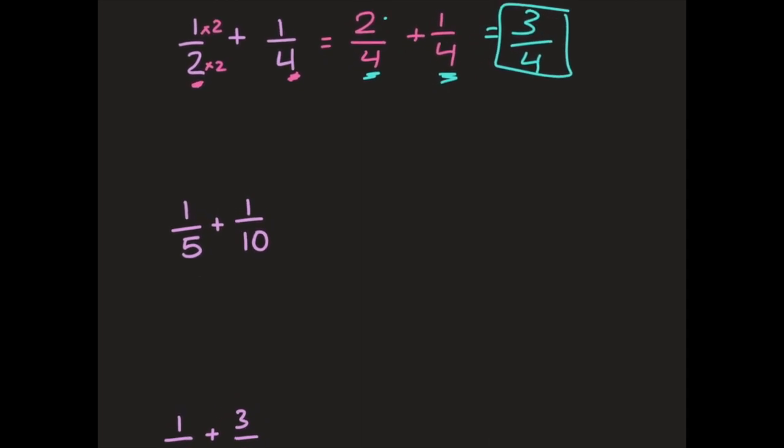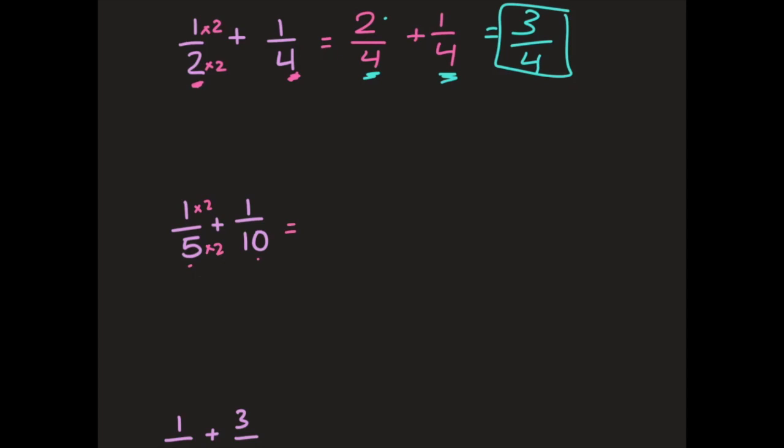All right, so now I have 1/5 plus 1/10. Again, they're different. I have to make them the same. So I say, can I turn that smaller number into the bigger one by multiplying? Meaning, can I turn a 5 into a 10 by multiplying? That answer is yes if I multiply by 2. Having those multiplication facts memorized is really going to help you when dealing with fractions.